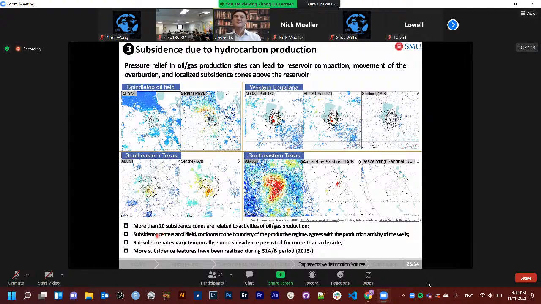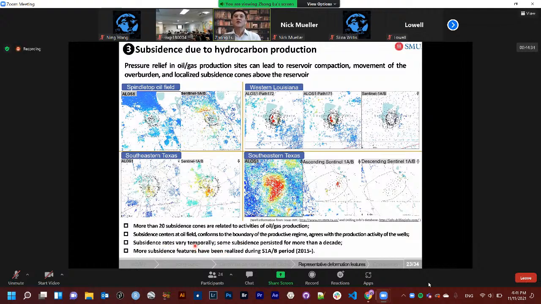And the subsidence normally centers at the oil field, conforms to the boundary of the production regime, and agrees with the production activity. So if you draw production as a function of time and you look at deformation, it's generally correlated, which I'm going to show you later on for the wastewater injection.